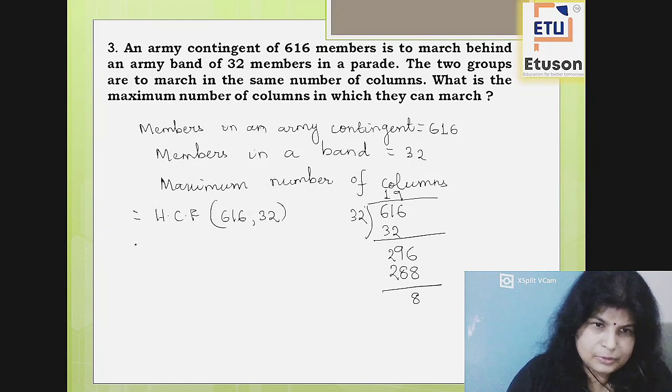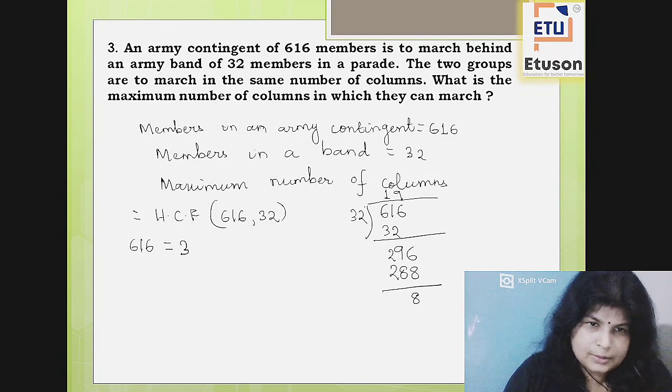So let us write it down in Euclid division algorithm. Your 616 is equal to 32 into 19 plus 8.